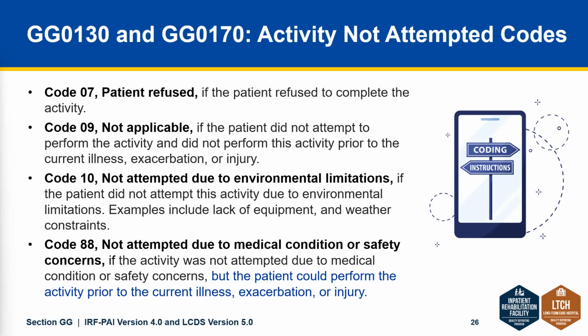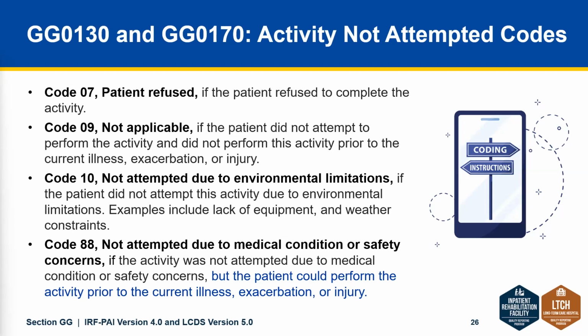Code 88, not attempted due to medical condition or safety concerns, is used if the activity was not attempted during the assessment time period due to the patient's medical condition or other safety concerns. This code is only appropriate when the patient could perform the activity prior to the current illness, exacerbation, or injury.